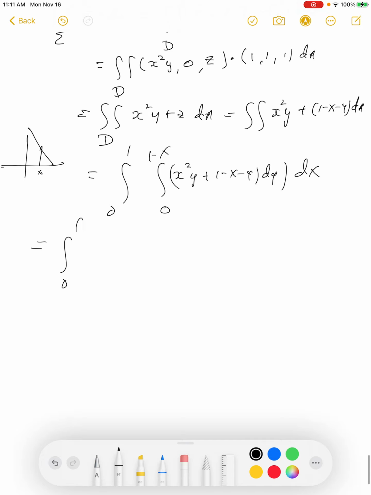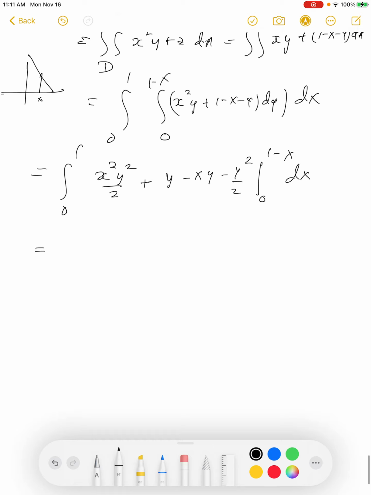So this is going to be integral 0 to 1. If I integrate this with respect to y, I get x square y square by 2 plus y minus xy minus y square by 2 between 0 to 1 minus x dx.